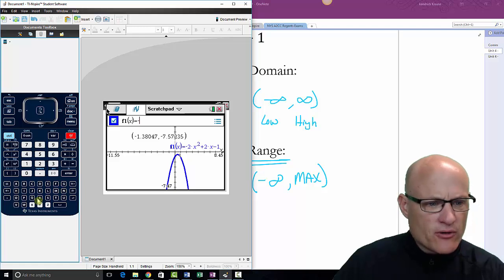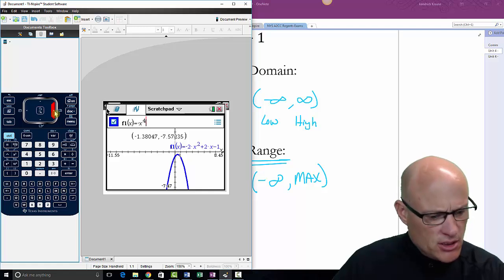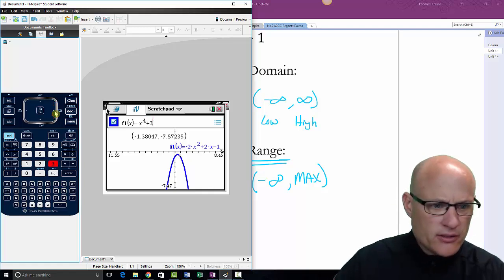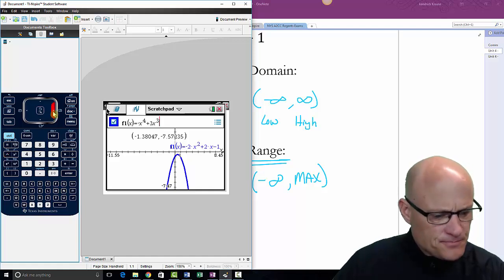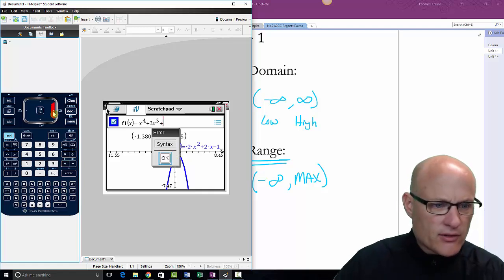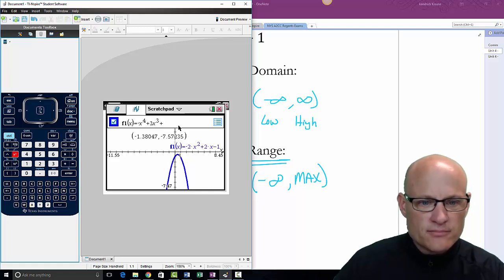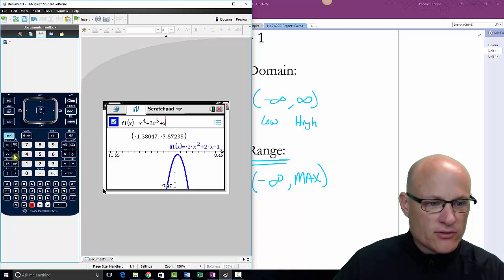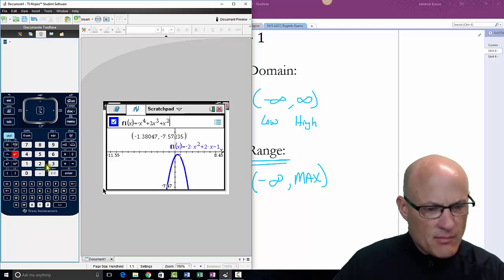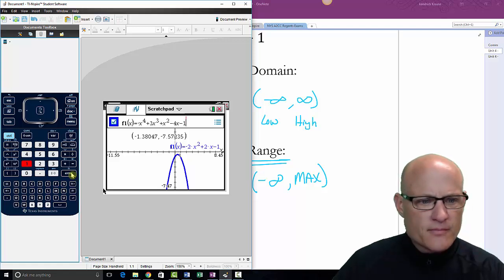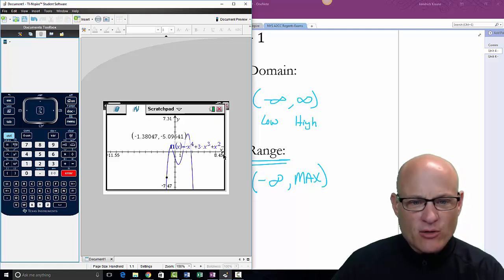So negative x to the fourth, get out of the exponent mode, plus 3x cubed, out of exponent mode, plus x squared, minus 4x, minus 1. Hit enter. All right, so that kind of looks like what we got on our graph.